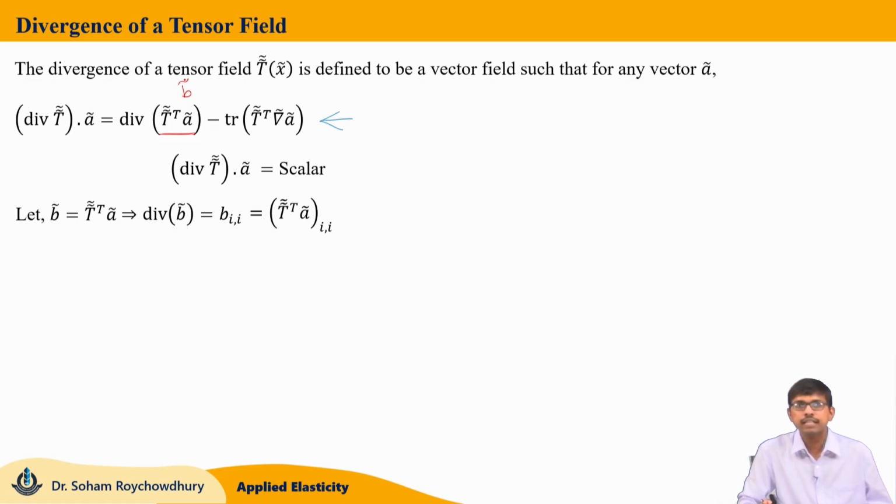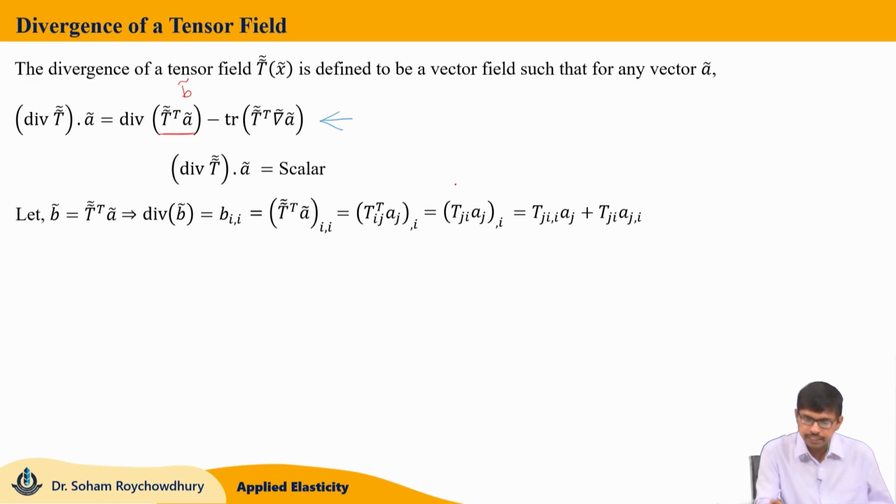Now, (T transpose A)_i is further simplified as T transpose_ij A_j, and then T transpose_ij is equal to T_ji, the transpose is removed and both the indices i and j are flipped. So, this is equal to (T_ji A_j),i, where comma i means differentiation with respect to x_i.